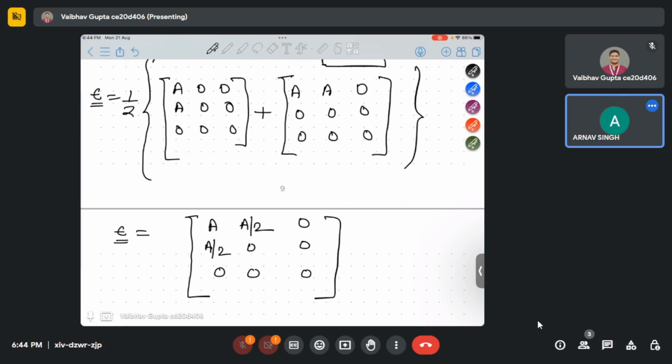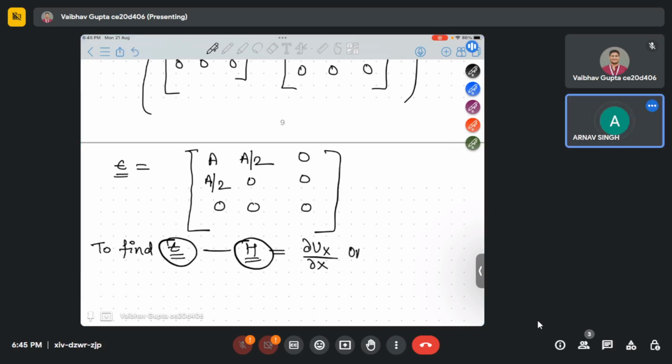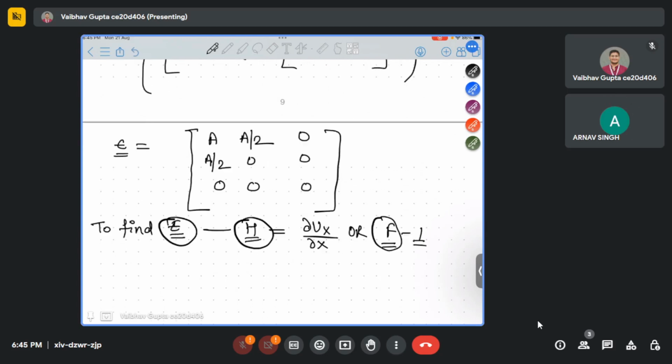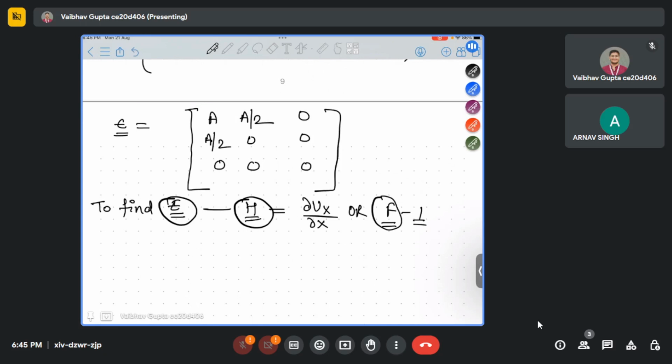To find epsilon, you have to find H, which is nothing but del u, or F. That's why you find these things. I have answered the question you asked: why you have to find the deformation gradient every time.